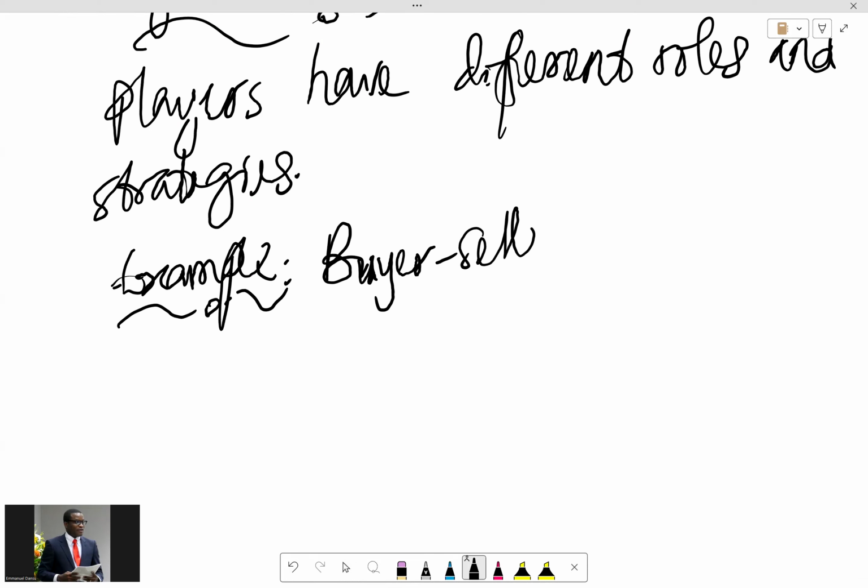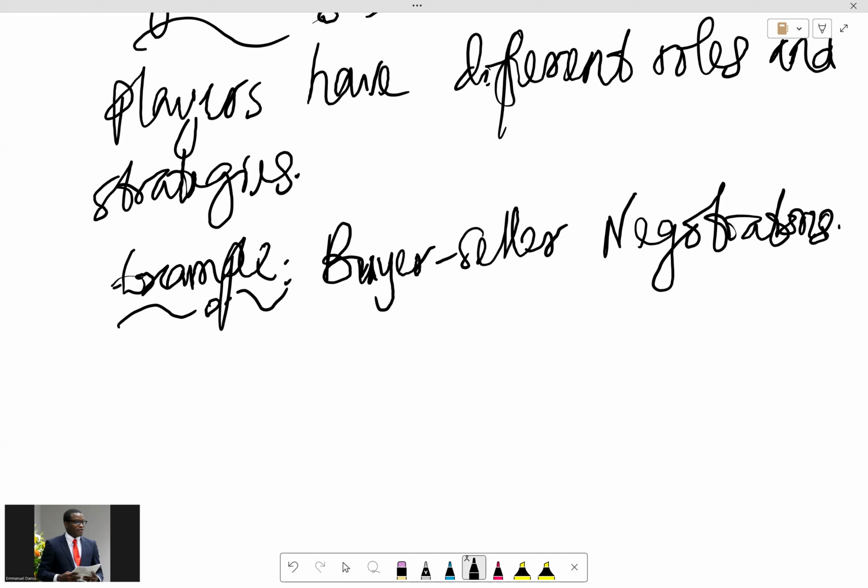The buyer just wants to buy at the best price possible, and the seller wants to sell at the best price possible. They don't have the same strategy. Probably the buyer has options, and if the seller is not giving the correct price, they can move on, or the seller doesn't care if you are not ready to buy at the price at which they are selling. Unlike rock paper scissors, everybody knows exactly what is expected of every other person.